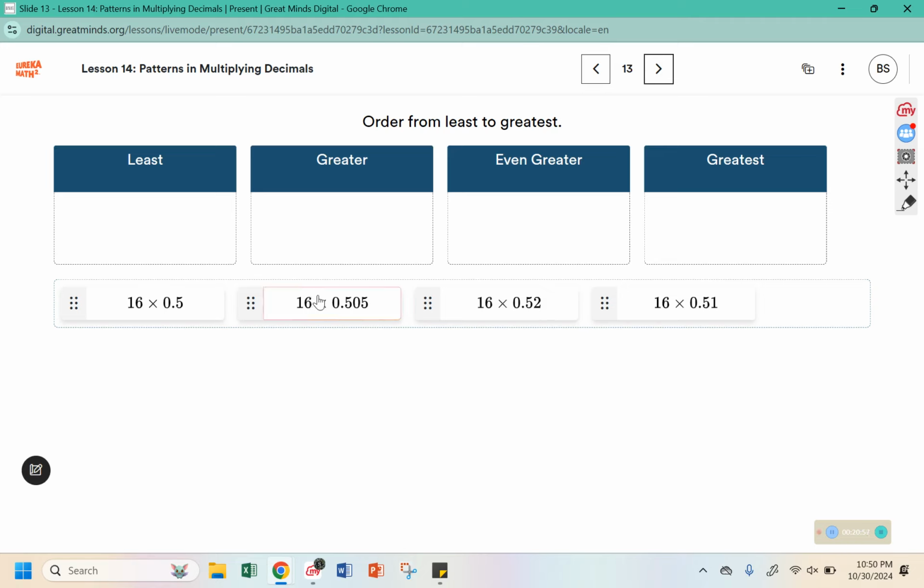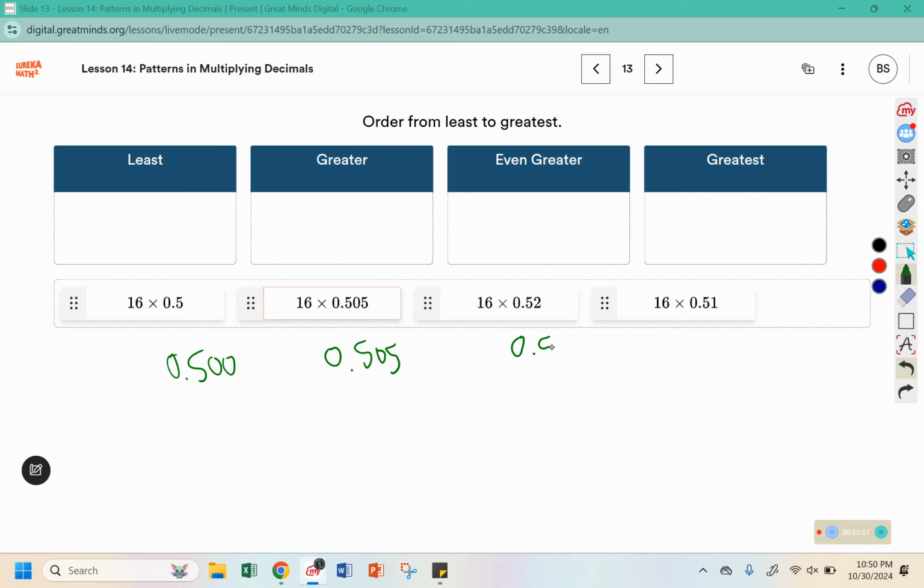Again, these are all multiplied by 16, so let's look at the factors. I see I have 0.5, which we could rewrite with extra zeros behind it. So this would be 0.500. This one is 0.505. This one would be 520 and 510.